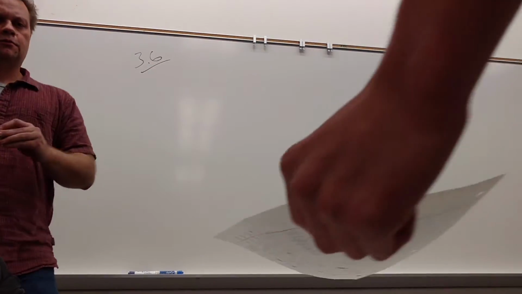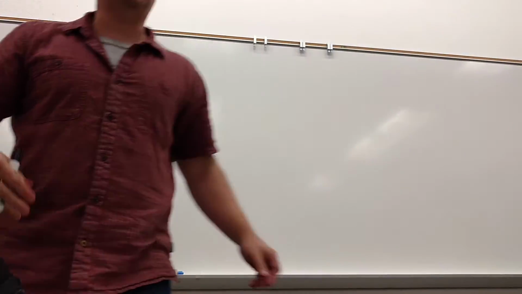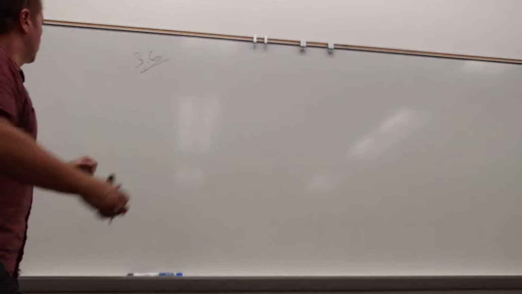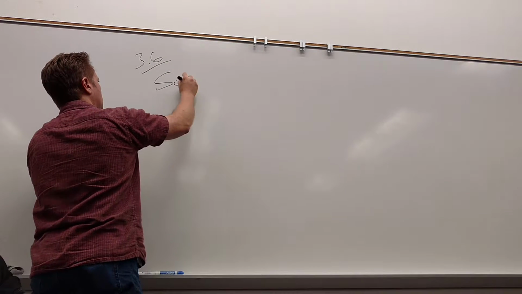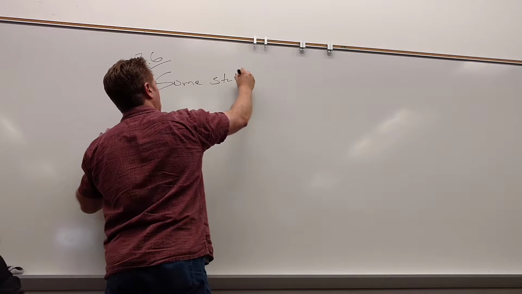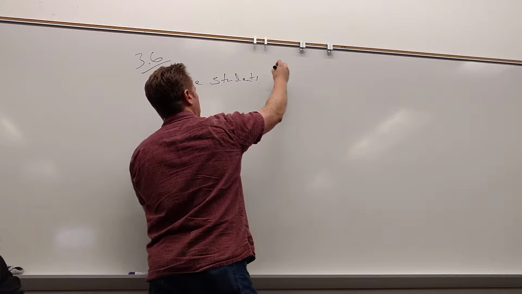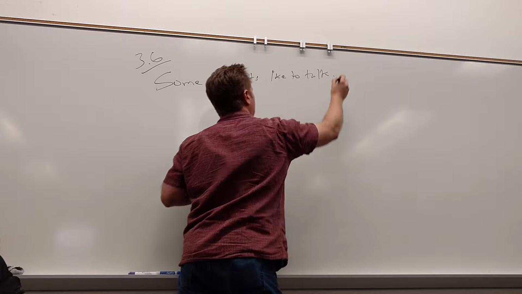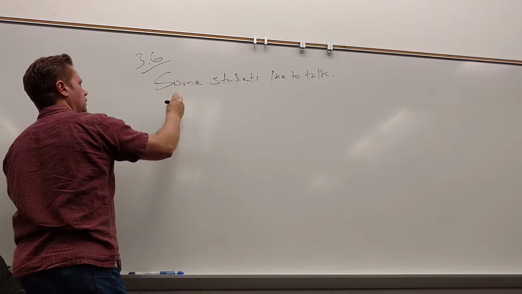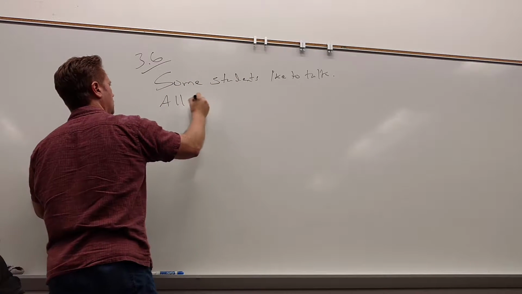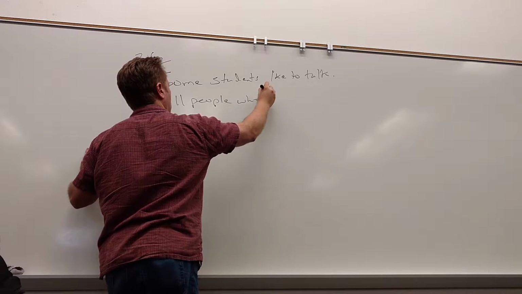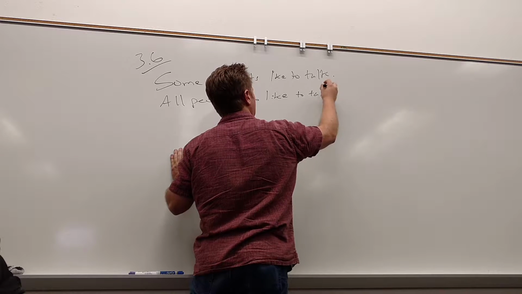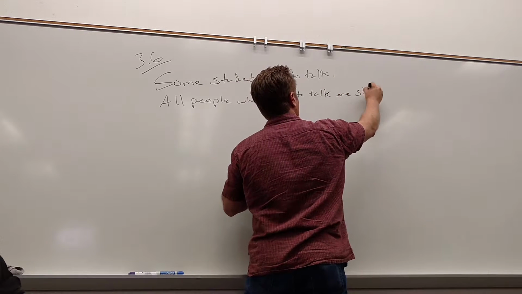So last time we just went over the general idea of 3-6. So let's get deeper into it. If I said some students like to talk, and I said all people who like to talk are short.